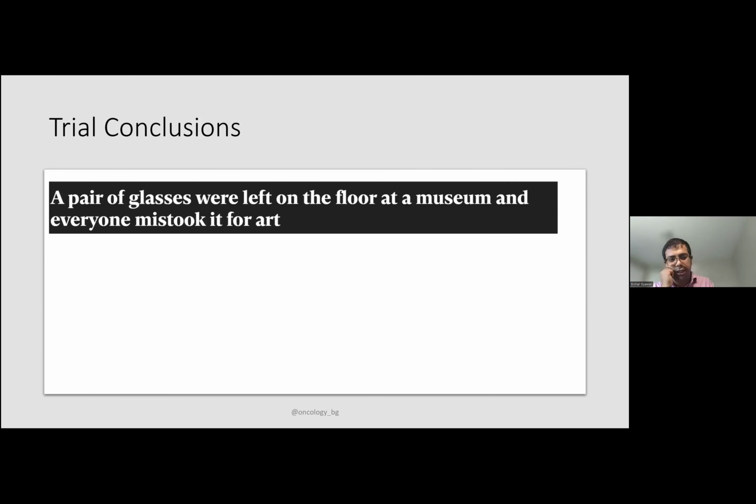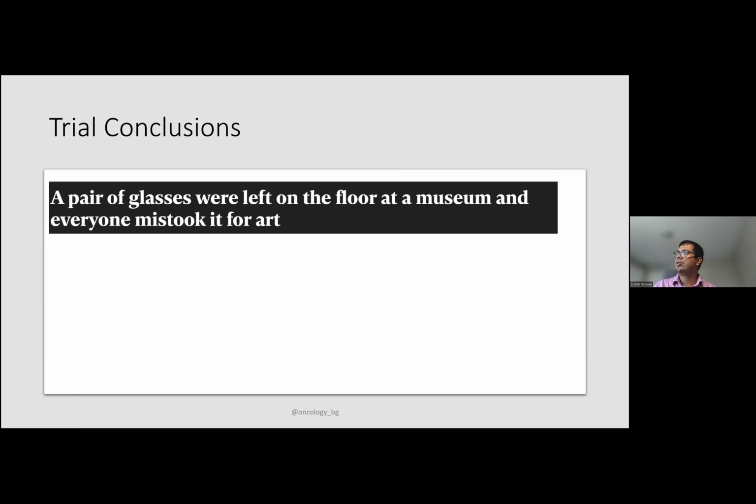Again, I'll give you an example. This is a real news story that I found. It says a pair of glasses were left on the floor at a museum and everyone mistook it for art. What this means is, if you have a certain bias, then you can draw any conclusion that fits your bias from whatever data you are seeing.